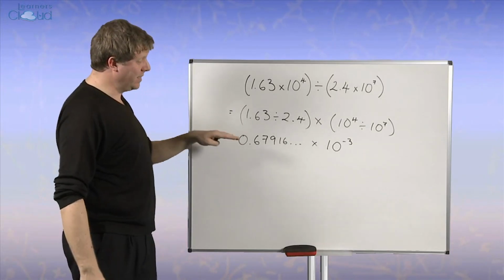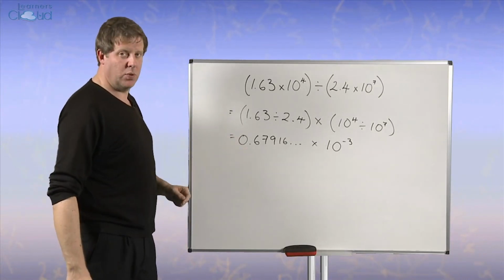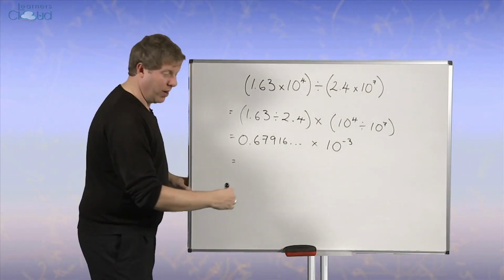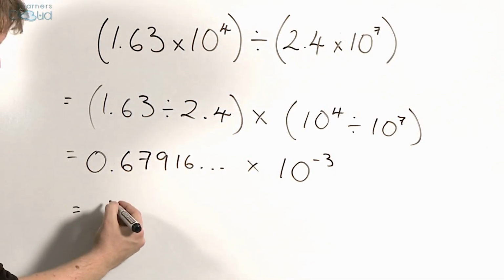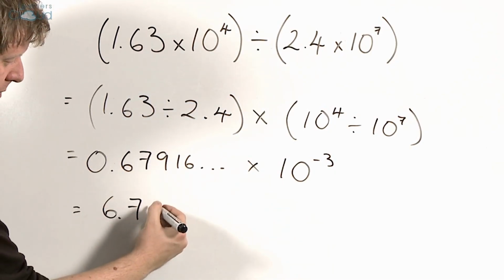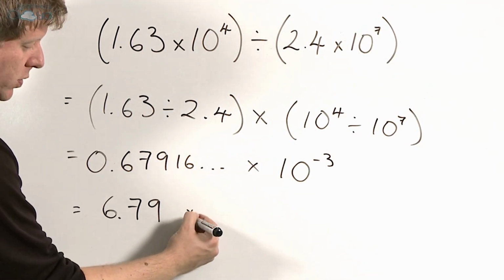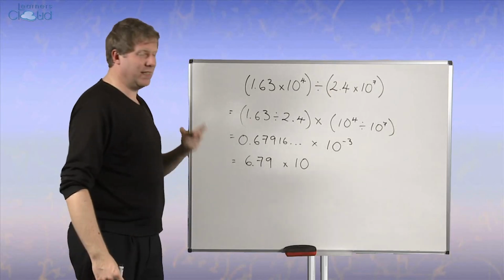Now you'll notice this answer still isn't in standard form. Remember, this number needs to be between 1 and 10. So, moving the point where I need it to be, and remember, they want us to round our answer, it will give us 6.79 multiplied by 10 to the power of, well, let's think about what's happened.